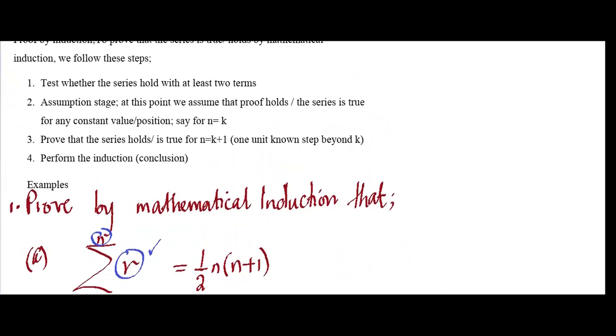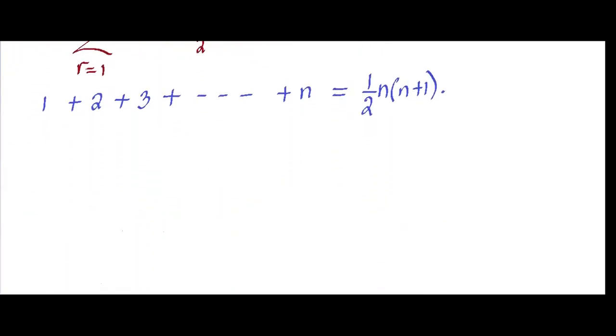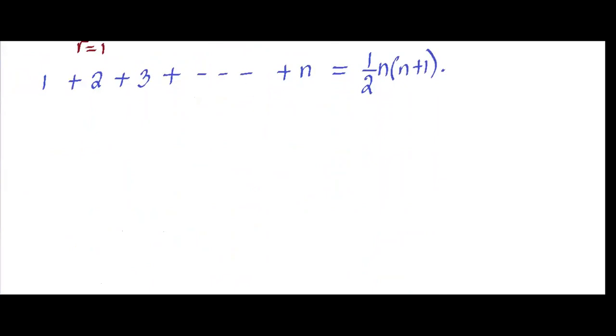So step 1, test whether the series holds with at least 2 terms. Let's check at least 2 terms of this series in blue. We begin by checking the first term, that is when n is equal to 1. On the left-hand side, the first term is 1. On the right-hand side, the series is waiting for you to feed in the value of n.